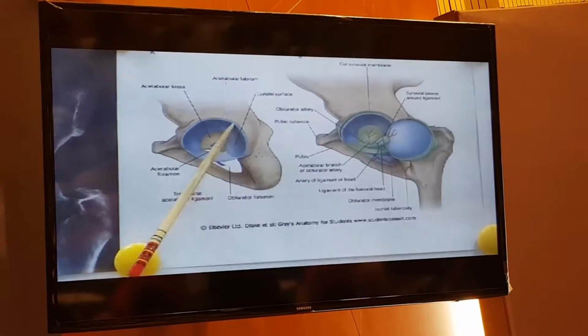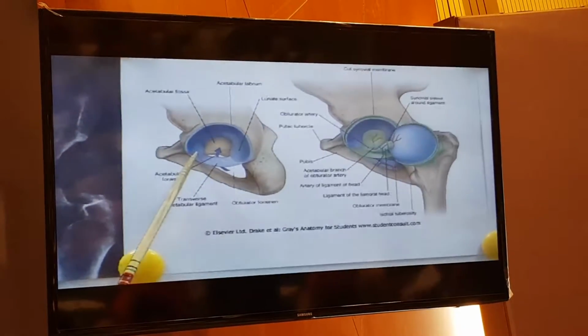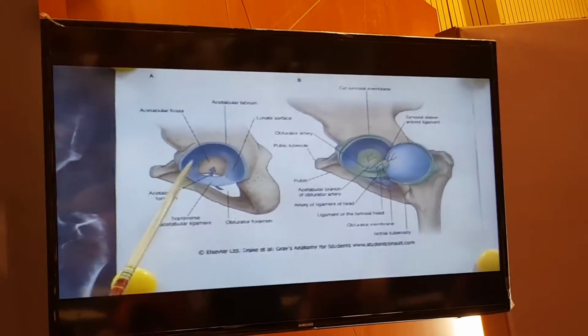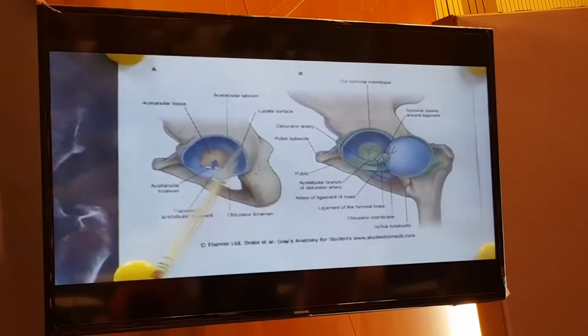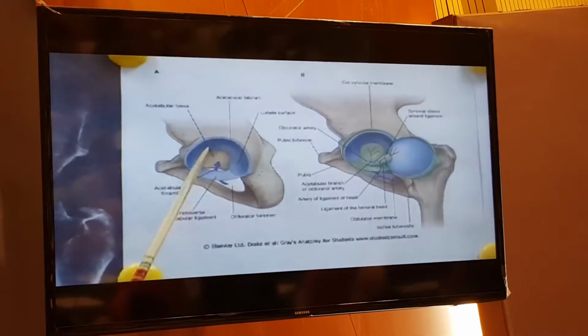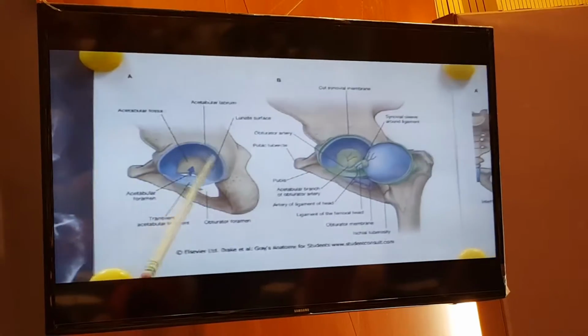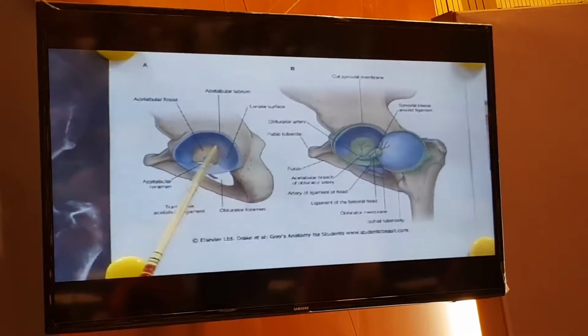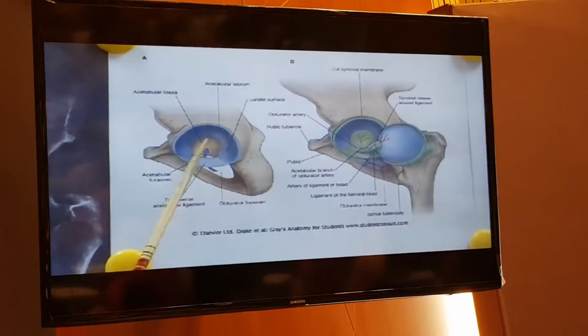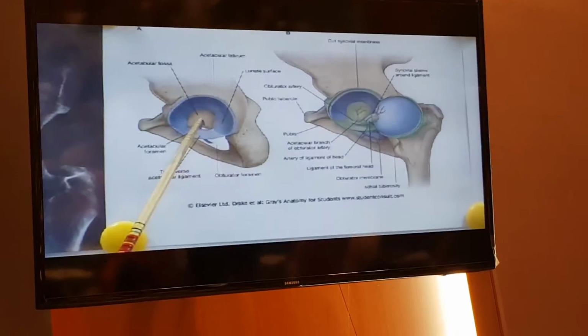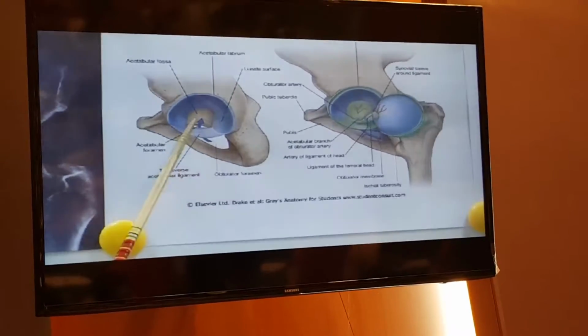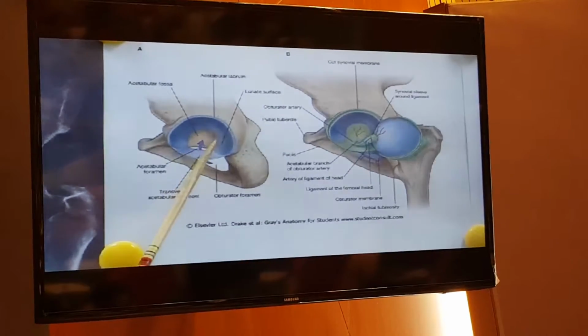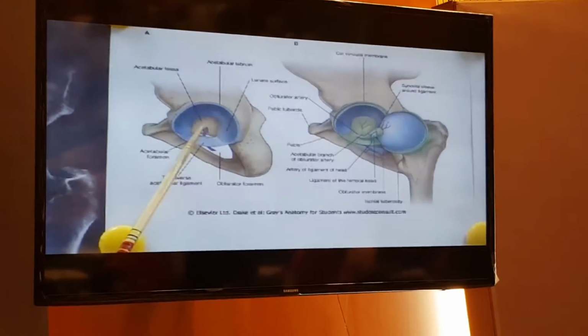The acetabulum is covered by hyaline cartilage, but not totally. It has a semilunar or lunate surface, and between that there is a fossa which is not covered by cartilage. This fossa is called the acetabular fossa, filled with fat.